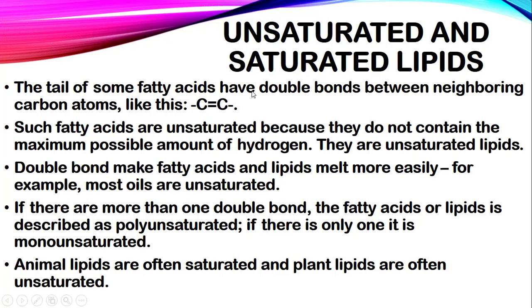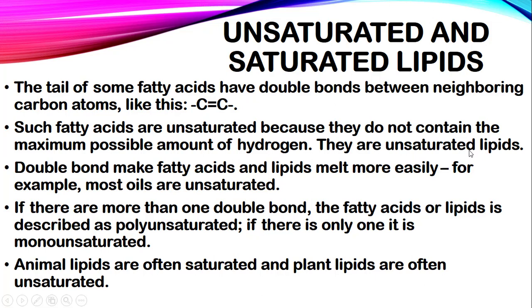The tail of some fatty acids has a double bond between neighboring carbon atoms like this, carbon-carbon double bond. Such fatty acids are unsaturated because they do not contain the maximum possible amount of hydrogen. Now it's very important. They do not contain the maximum possible amount of hydrogen. They are unsaturated lipids.